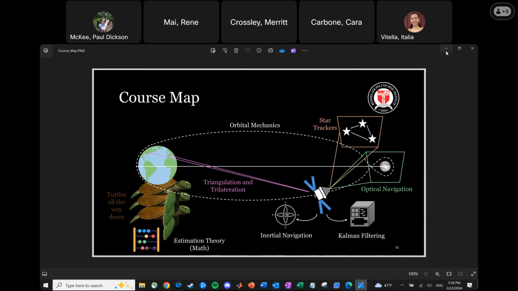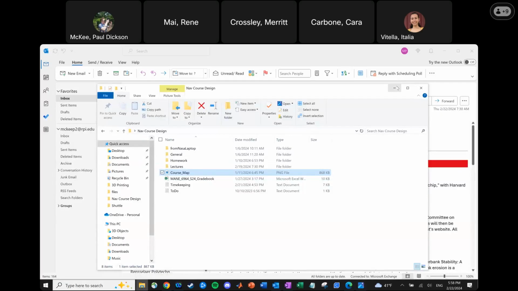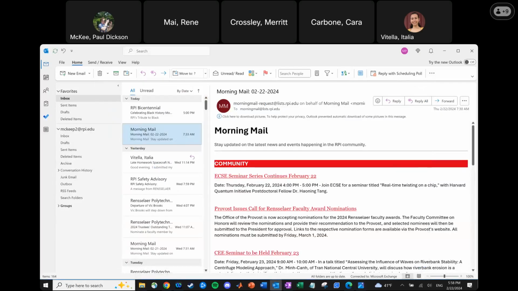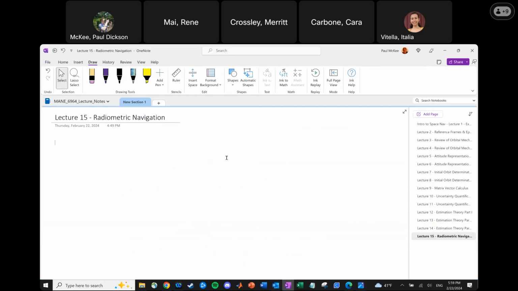So why don't we get started on lecture 15, radiometric navigation. There we are. So radiometric navigation.